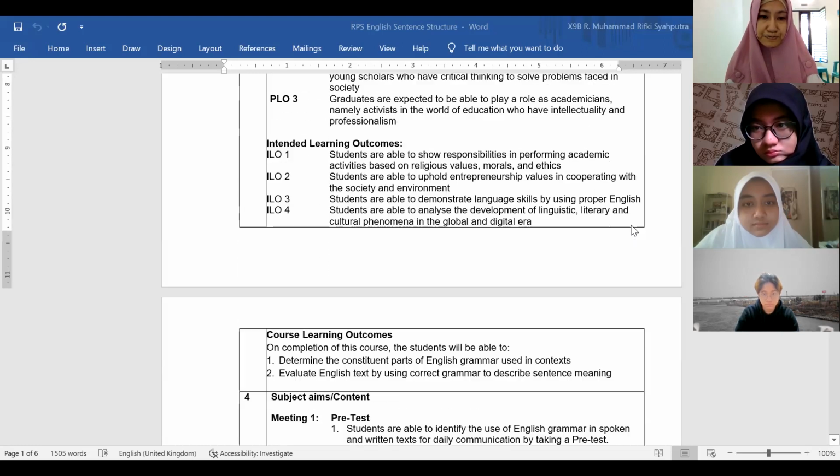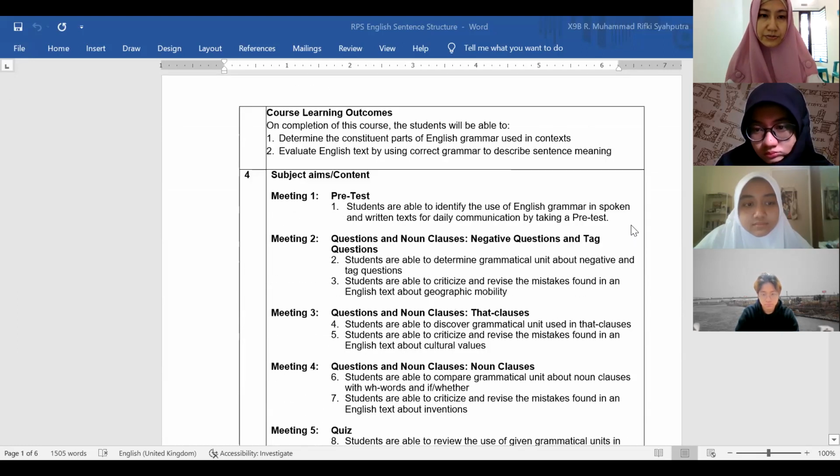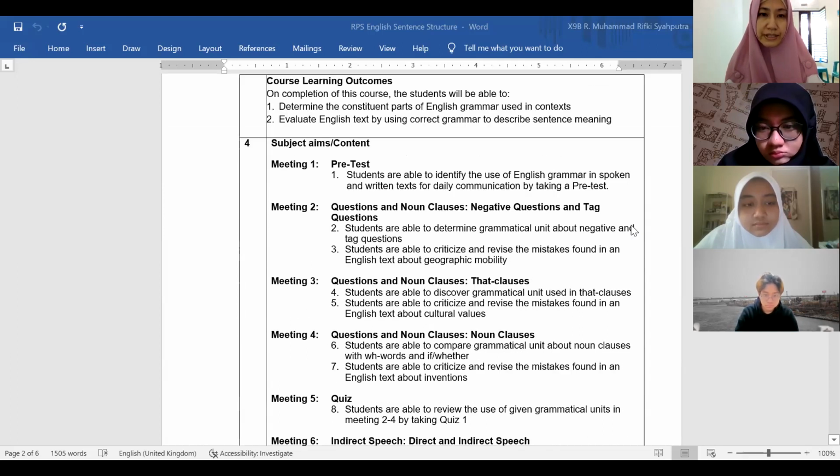Okay, and then next we have course learning outcomes. So after completing this course, students will be able to determine the constituent parts of English grammar used in context and evaluate English text by using correct grammar to describe sentence meaning.